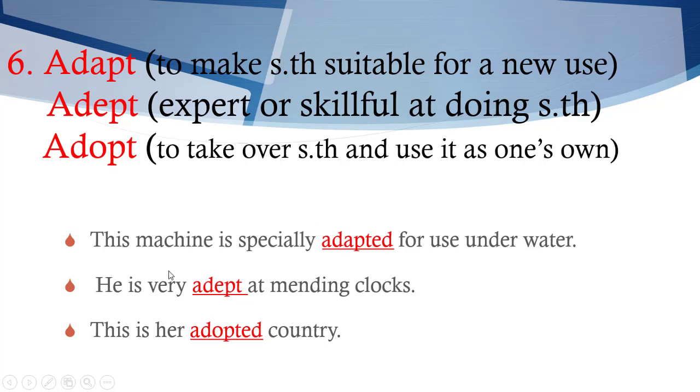The second sentence is: he is very adept at mending clocks. Means he is very skillful, he is very expert at mending clocks. And then the third sentence for the word adopt is: this is her adopted country. Means this is not her native country, rather she has adopted it.